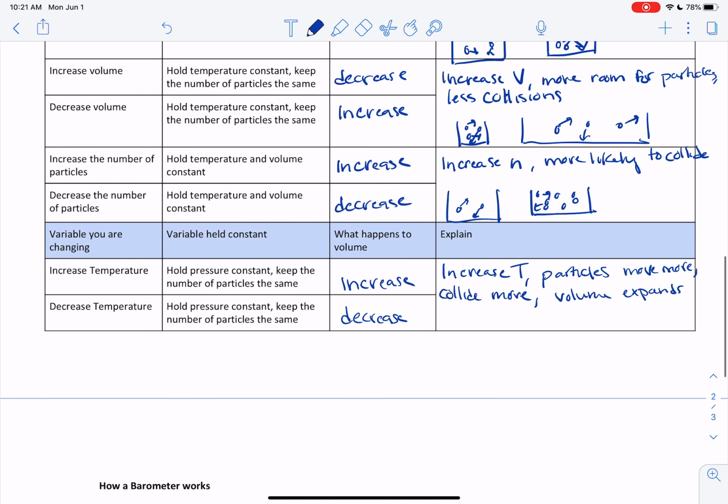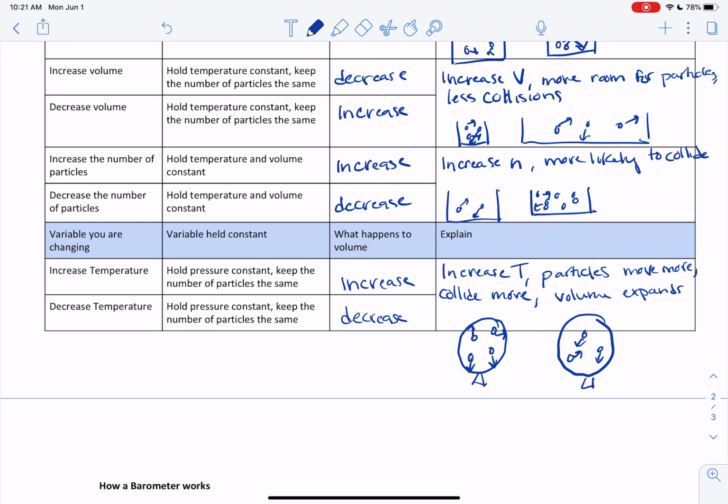So for example, if you had a balloon that had some gas particles in it, these gas particles are going to start pushing on the sides of the balloon as you increase the temperature because they're moving more. And as a result, your balloon is going to get bigger. Okay? So when you increase the temperature, it's going to increase the volume, right?